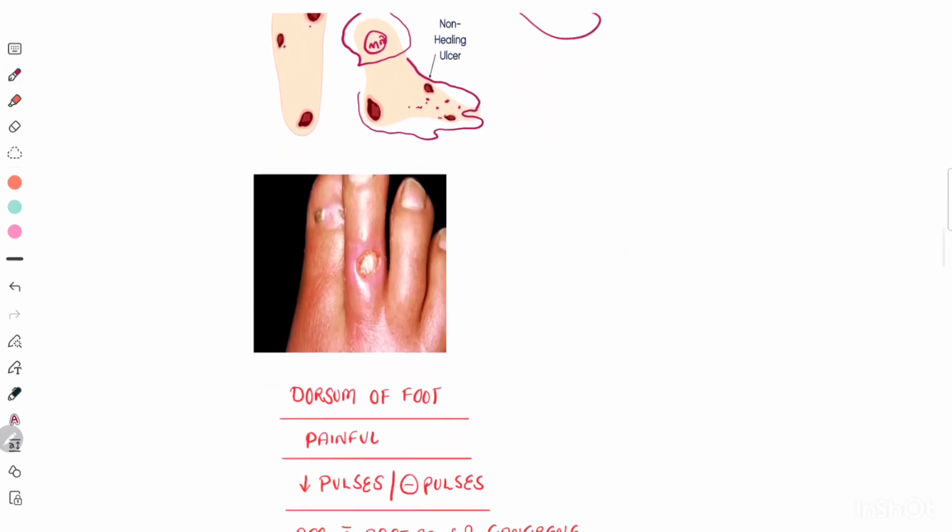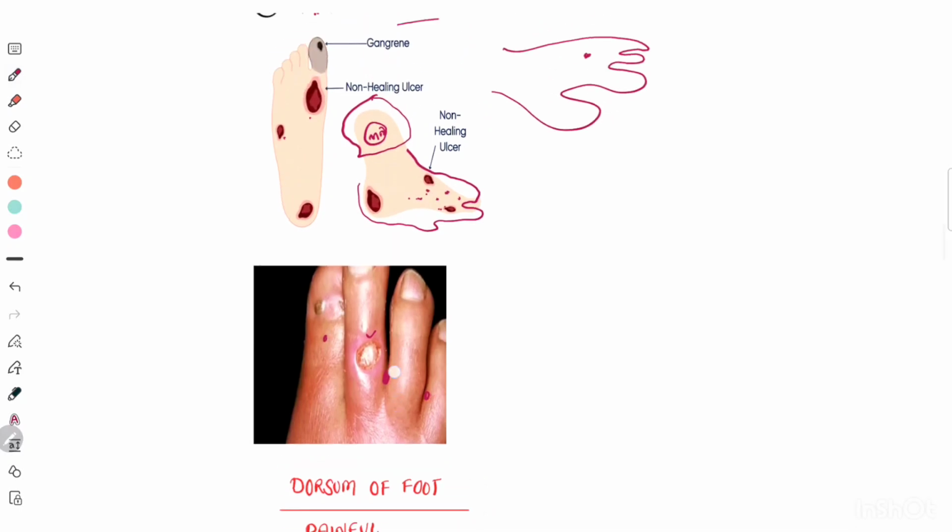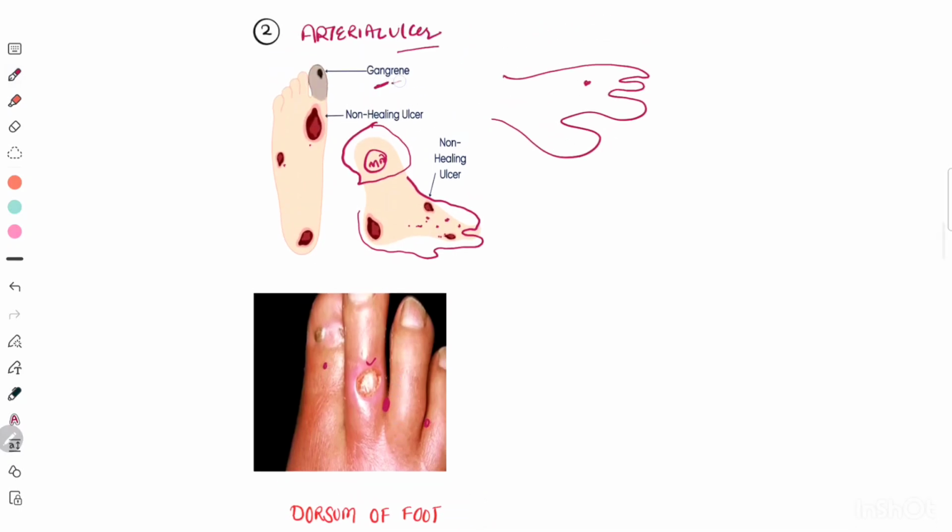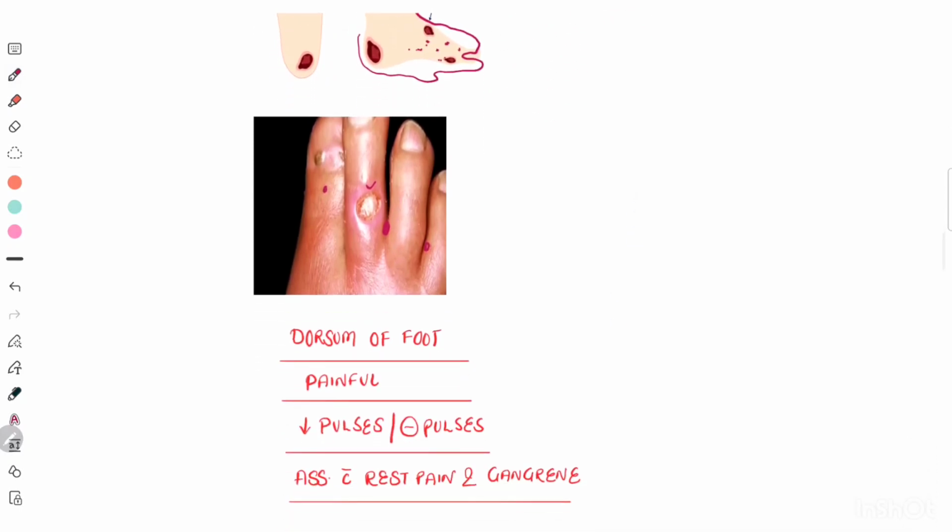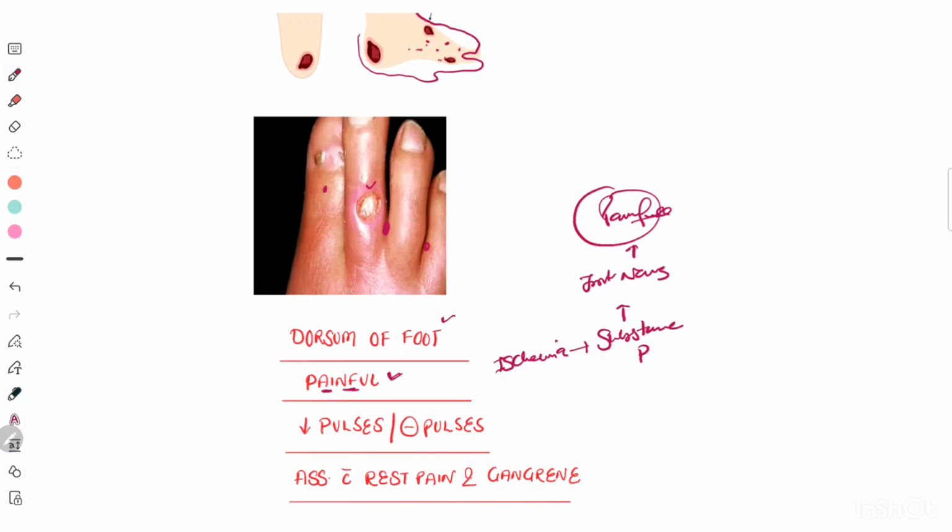Arterial ulcer like this on the finger, in the web spaces here or foot, and you can see here gangrenous changes. So the ulcer will be present on the dorsum of the foot, and it is extremely painful, due to the ischemia. There is accumulation of substance P in the tissue which irritates the nerves and leads to the pain. So arterial ulcers are located distal and on the dorsum of the foot.